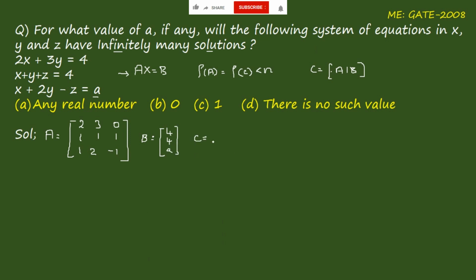And C is nothing but the combination of both A and B. So it becomes 2, 3, 0, 1, 1, 1, 1, 2, minus 1, and 4, 4, and a, right?